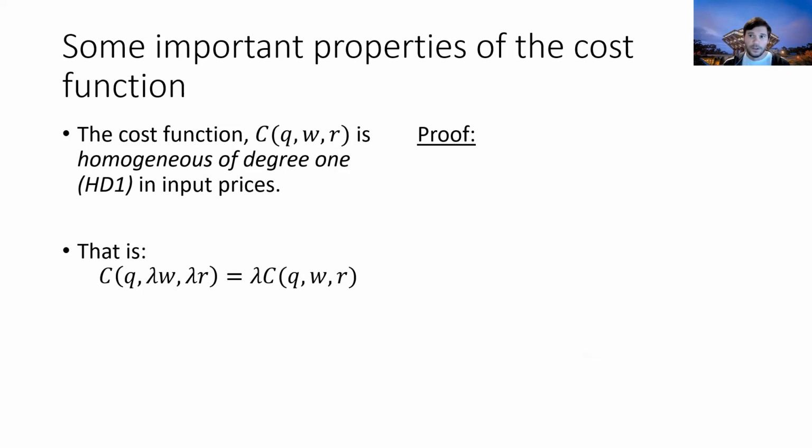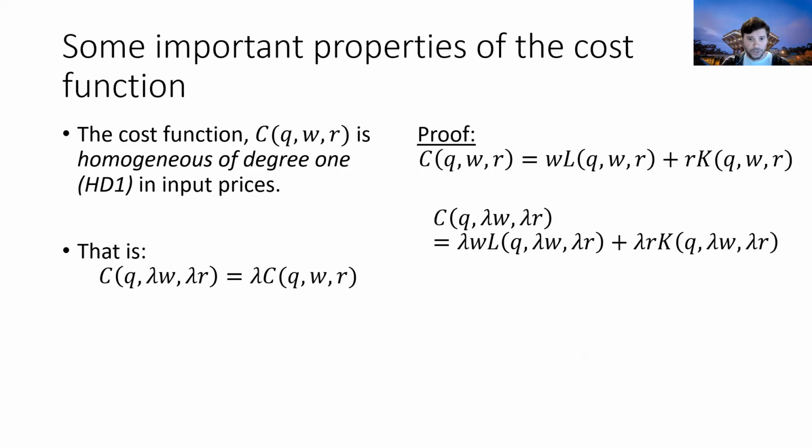Here's the proof. We started with our general cost function, and what we want to do is compare that to the cost function where we've scaled up both the wage and the rental rate by the factor lambda. Now, we just made an important argument about both of these terms in the green boxes. What is true about both of the terms in the green boxes?